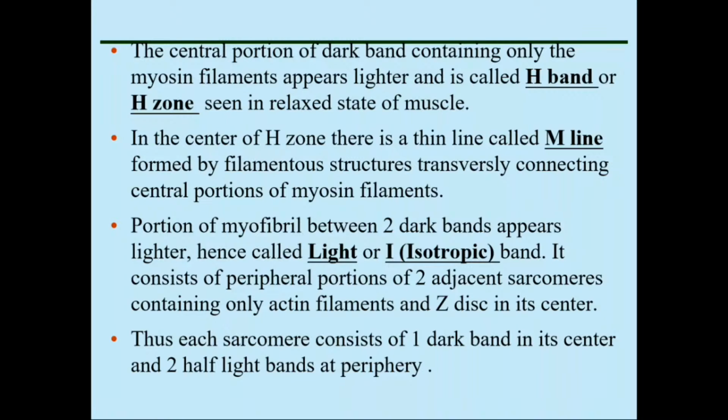So the part of the myofibril between two adjacent dark bands appears light because there are no myosin filaments in this, and therefore it is called as light band or isotropic band because polarized light comes out only in one direction. So this I band consists of peripheral portions of two adjacent sarcomeres containing only actin filaments and the Z disc in its center.